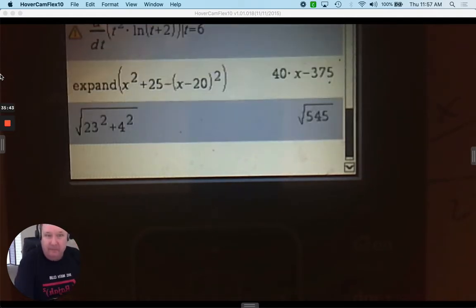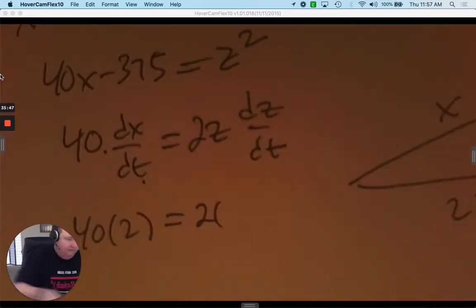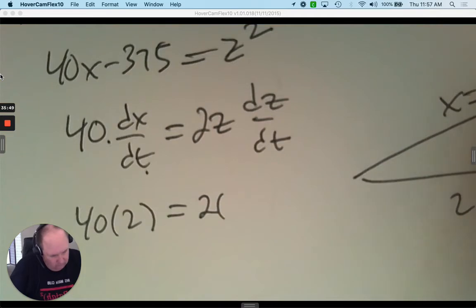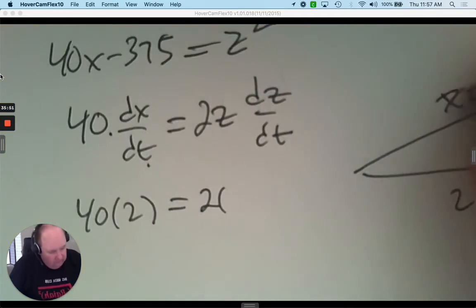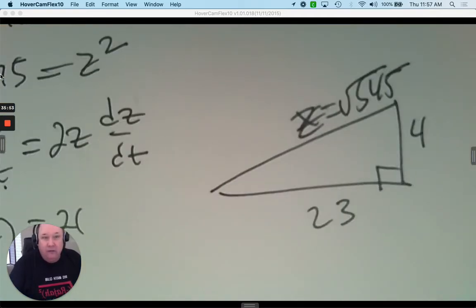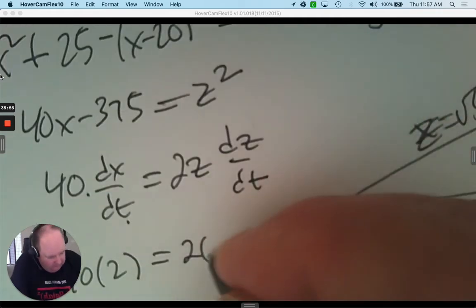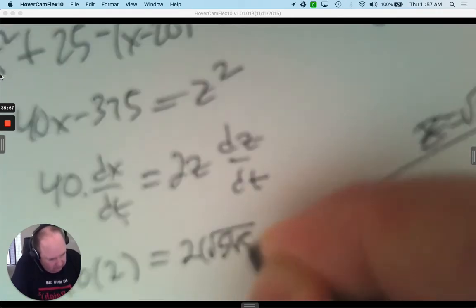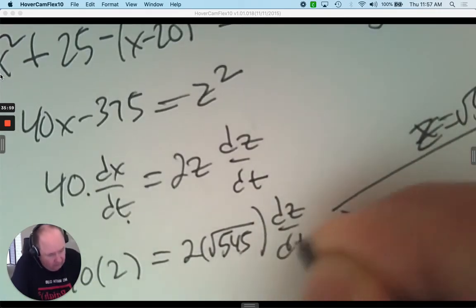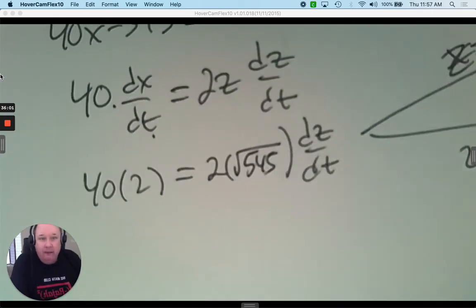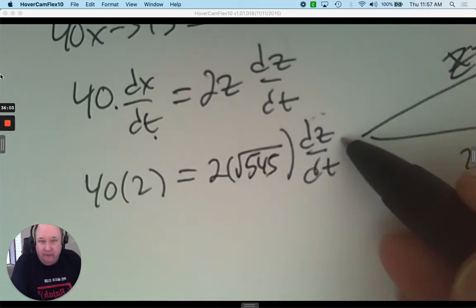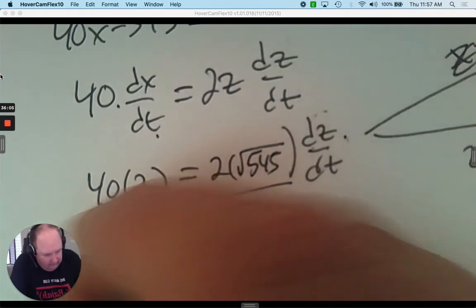So that hypotenuse is the square root of 545. That's what z is. The square root of 545. And my goal is to find dz/dt. So I'm going to divide, and that will give me the answer.